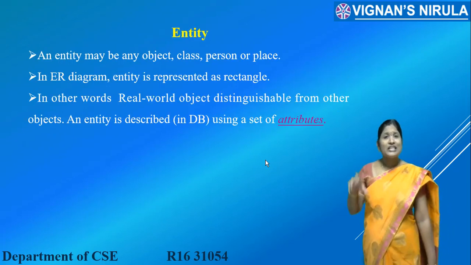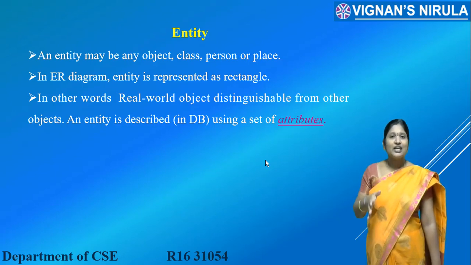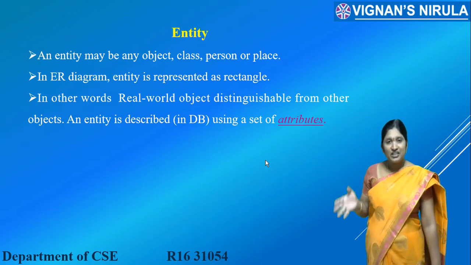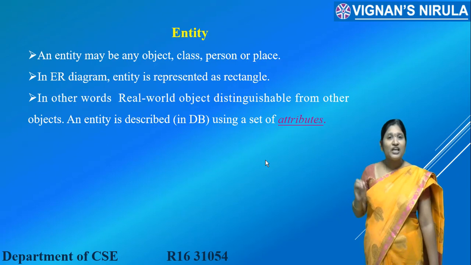So now let us discuss the important aspects under this ER model, how we are going to represent the data items in the database in terms of entities and relationships, and how the template of the data model in the ER model will look.